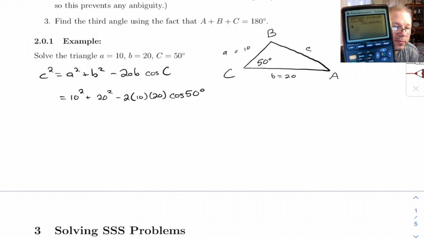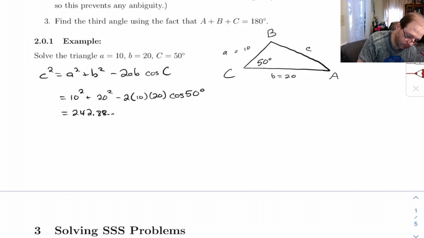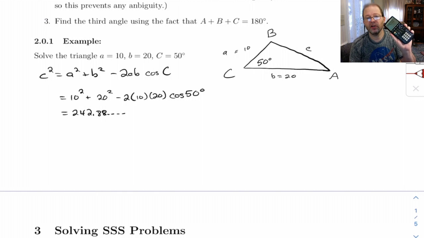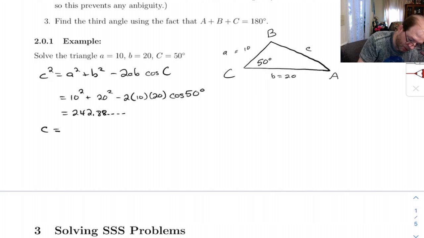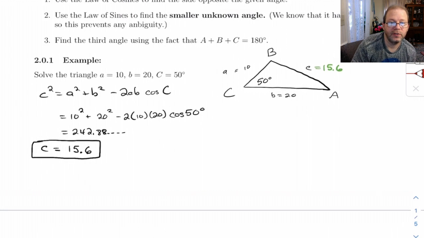But now notice that's c squared. I'm going to leave the full decimal expansion of it on my calculator and take its square root. And so I get c is 15.58. So I'm going to round that to 15.6. So that's my side over there. I'm going to write that in green. So c is 15.6.